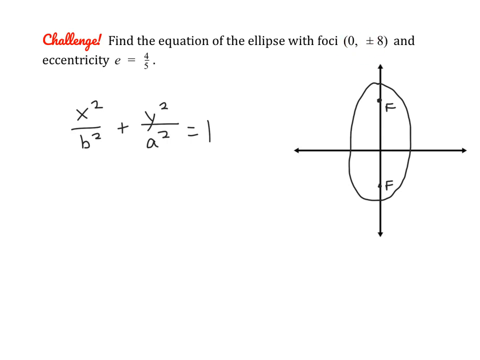The focus tells us that our c value is equal to 8, because remember, c is the distance from the center to the focus. But the eccentricity, remember, is the ratio of c over a. Since our eccentricity is 4 over 5, we can say 4 over 5 equals c over a.